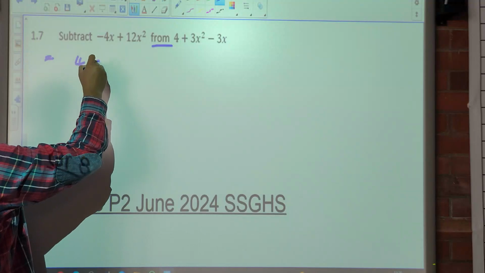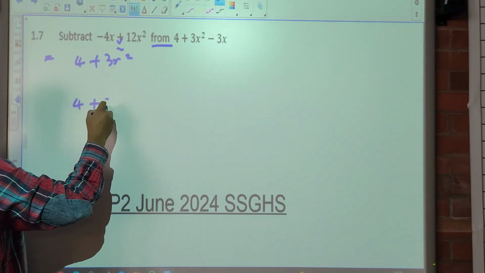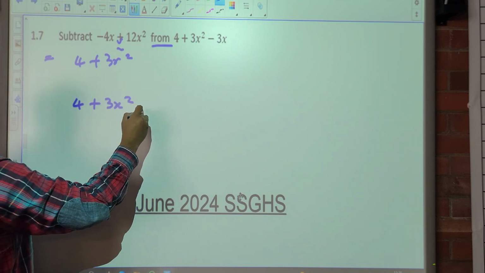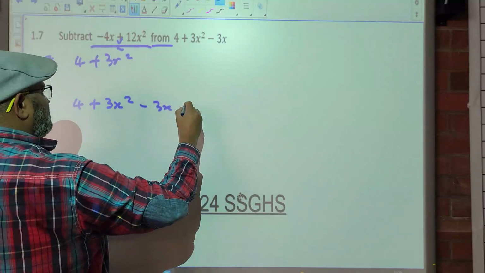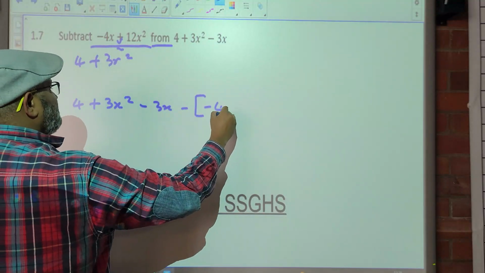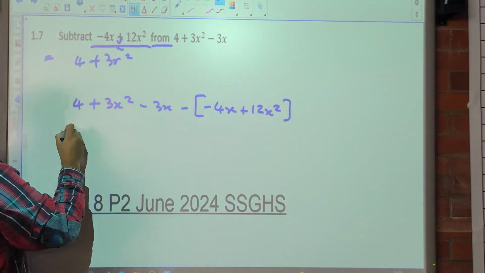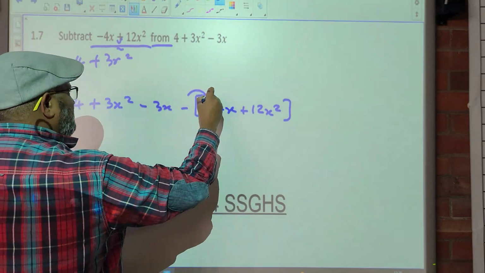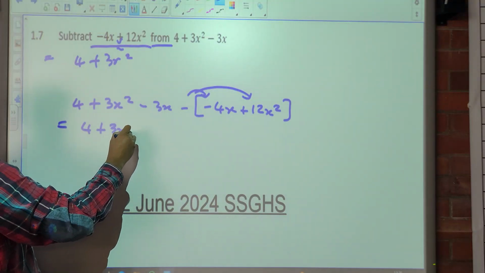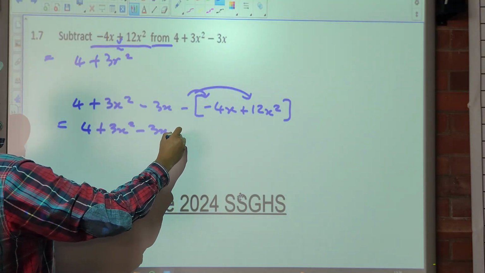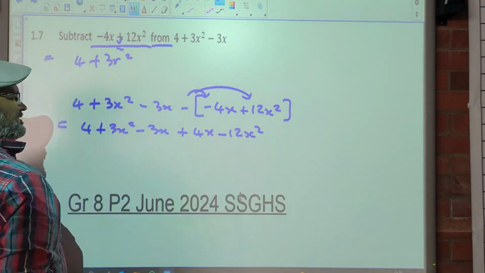So it's going to be 4 plus 3x squared minus 3x minus, brackets, negative 4x plus 12x squared. So we're going to get rid of these brackets by multiplying it in here. So it's 4 plus 3x squared minus 3x plus 4x minus 12x squared.